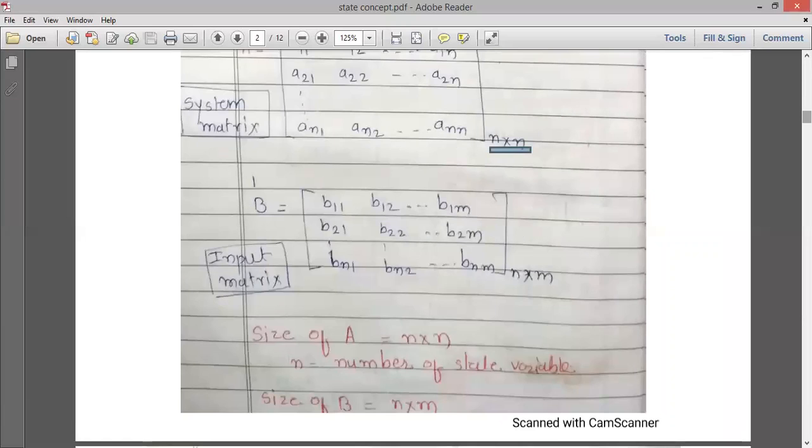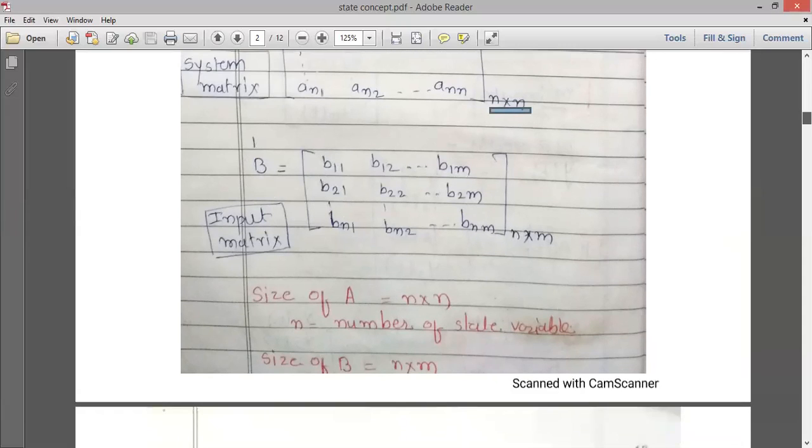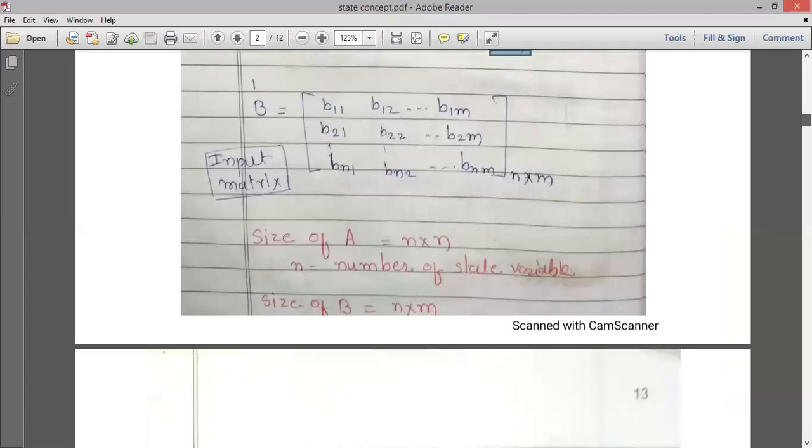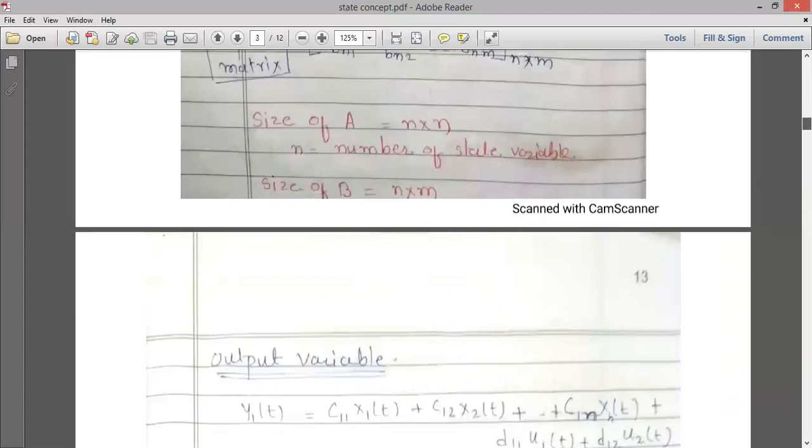The next matrix is the B matrix, called the input matrix, B11 to Bnm. The number of state variables gives the rows and the number of inputs gives the columns. So the size of A is n by n, and the size of B is n into m.